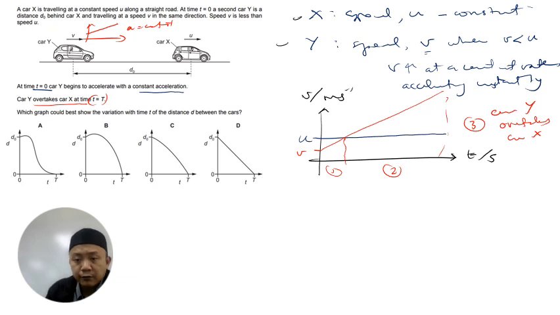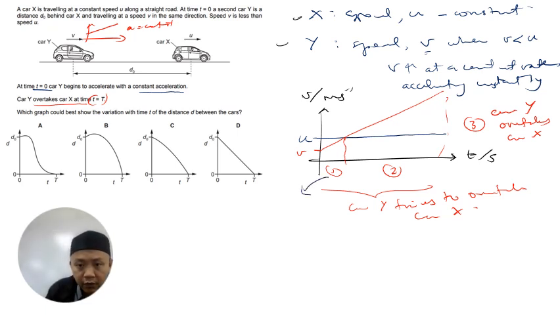Now what happens between phase 1 and phase 2? The similarity between phase 1 and phase 2 is that during these two phases, car Y tries to overtake car X. However, the difference is that during phase 1, the speed of car X, which is u, is always greater than the speed of car Y, which is v, until it reaches this point where u equals v.